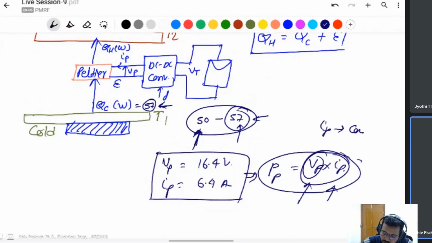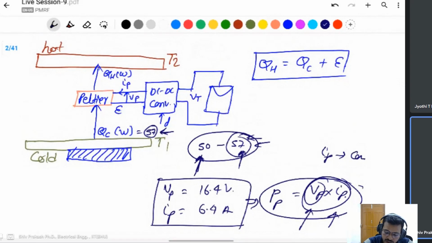But this is for the 57 watt, and it will not transfer exactly 57 watt of thermal energy to the higher temperature. Then what happens? It will transfer looks like only 50 watt, but it has the same power supply we gave.